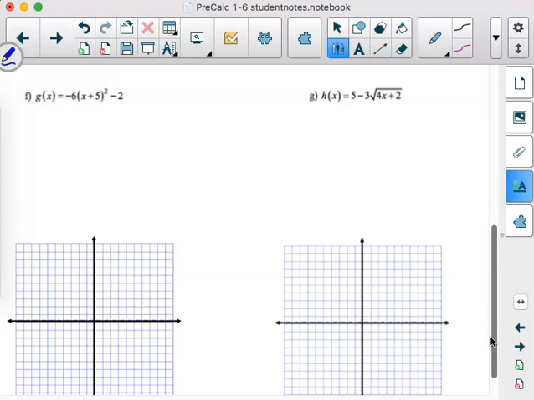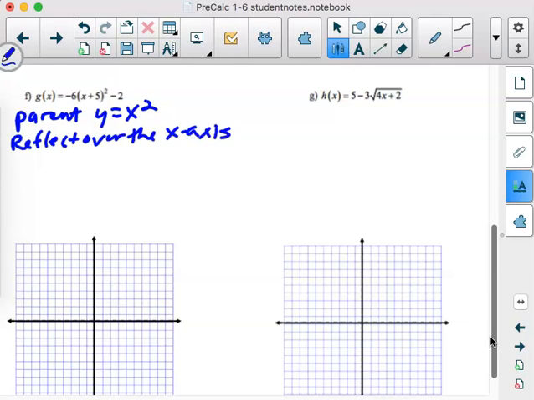All right, I'm looking at this one and noticing it's already in that a, h, and k format. So my parent is y equals x squared. I'm going to have to reflect over the x-axis. Then vertically stretch, huge vertical stretch here.